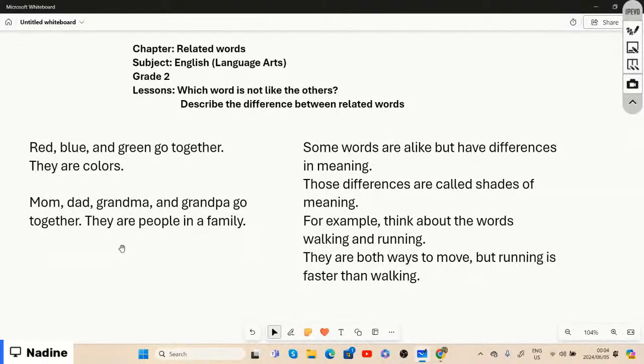Our subject is English language arts. Grade 2.